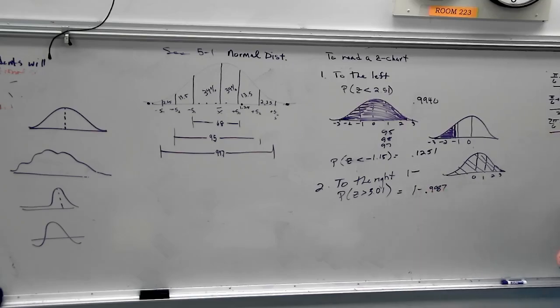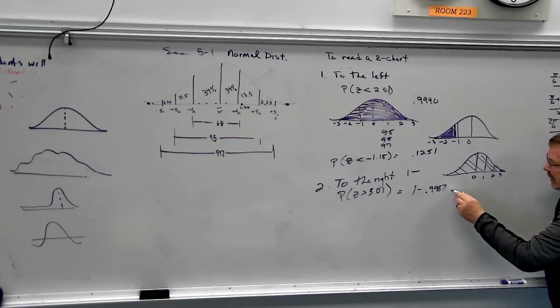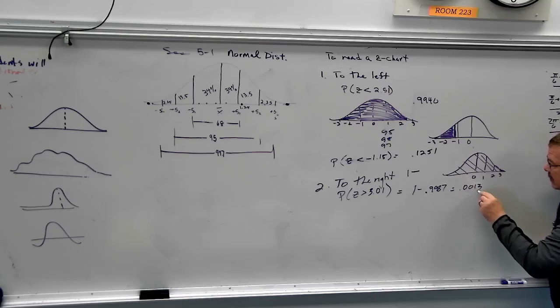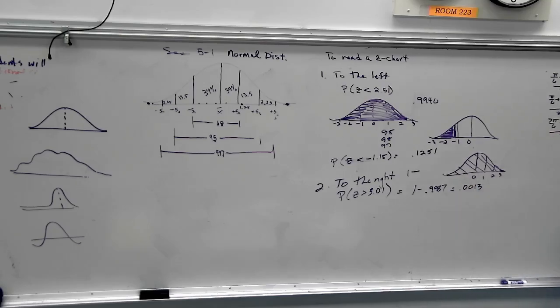What is 1 minus 0.9987? I believe, hopefully my math is right, 0.0013. You're telling me like 0.13%. Very small percent of that is shaded. So anything to the left, you look it up. Anything to the right, you take 1 minus.